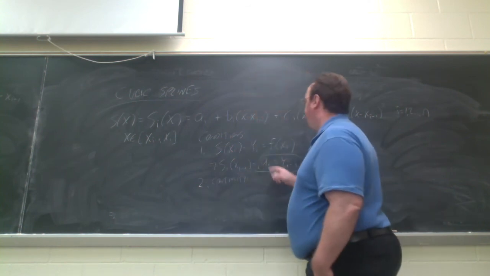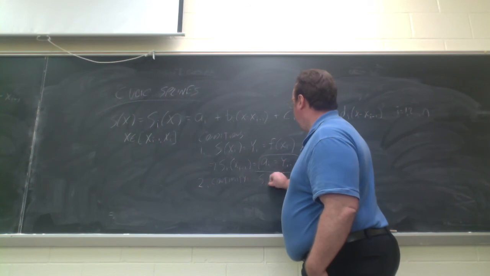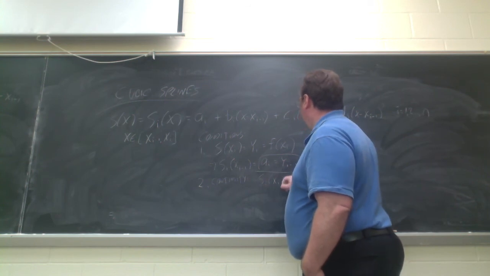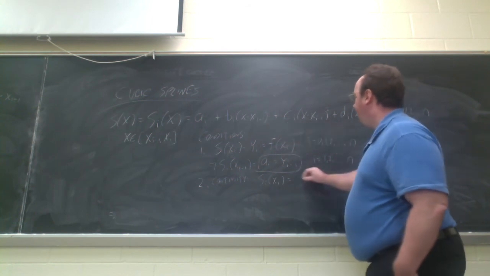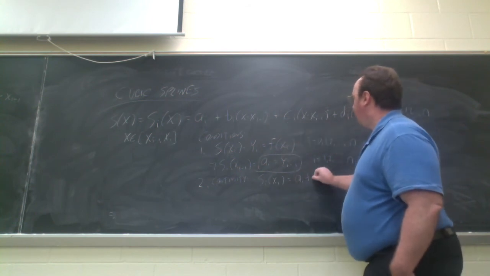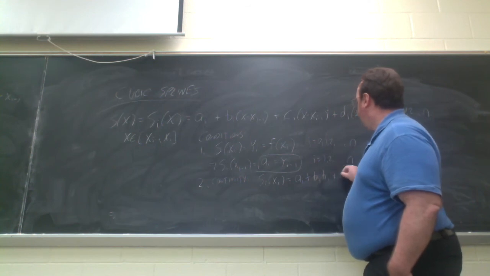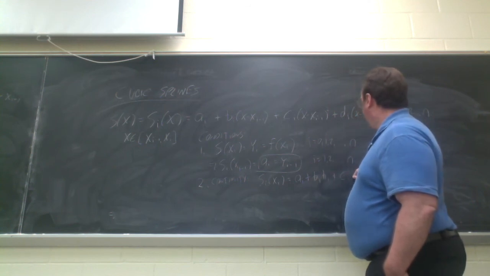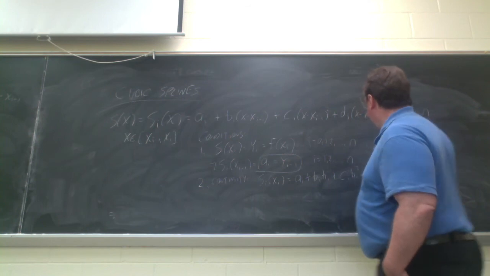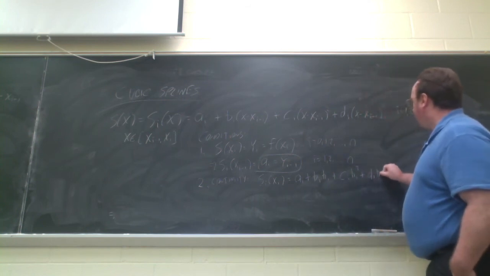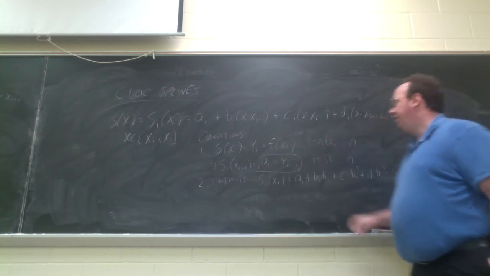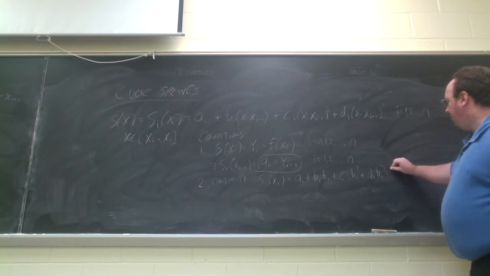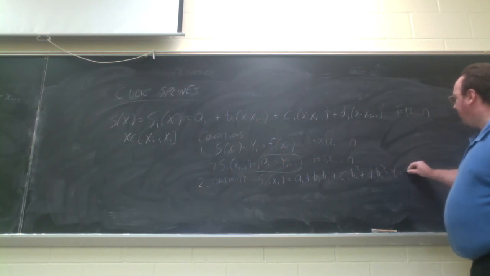I need to have on each piece Si of xi, which, if I plug in xi into here, I'm going to get ai plus bi hi plus ci hi squared plus di hi cubed, must be equal to, from this condition, yi, which I can also define as ai plus 1.